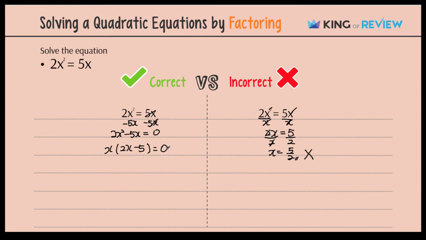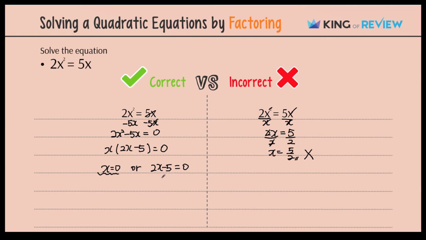Now use the zero product property and set each factor equal to 0. Either x equals 0 or 2x minus 5 equals 0. So we have one solution, x equals 0, and solve this equation for x.